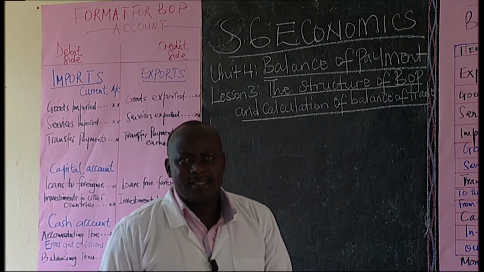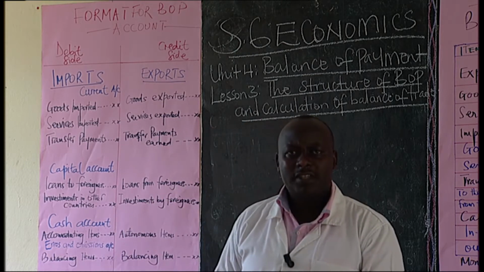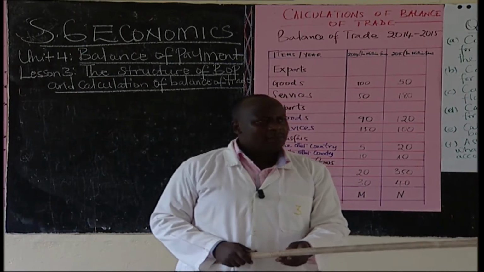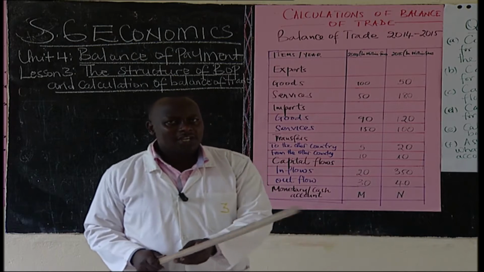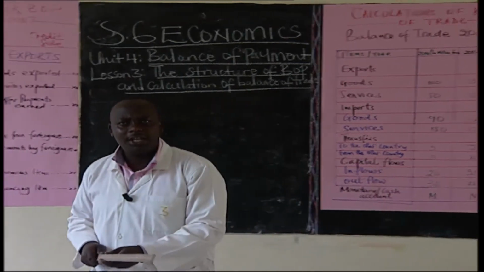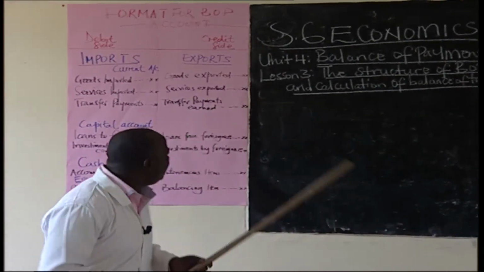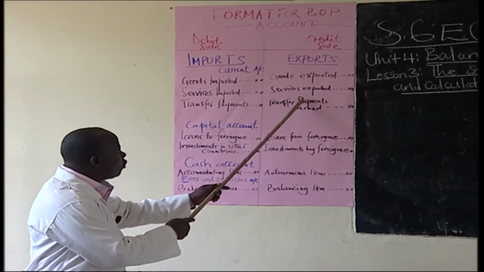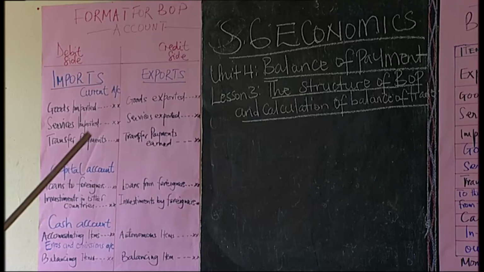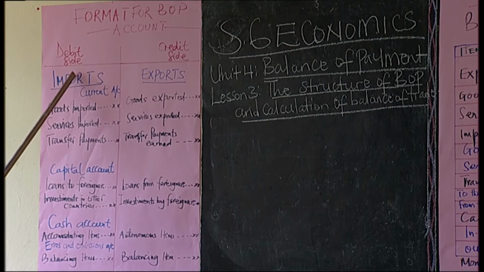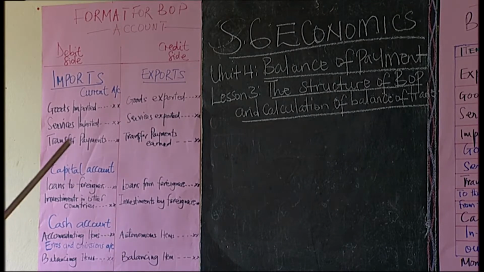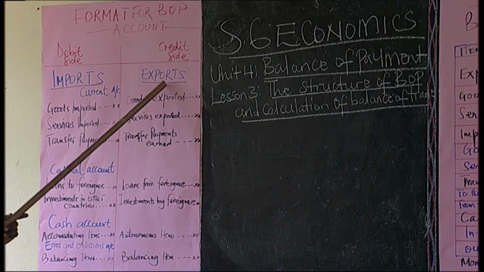Someone is telling me that the principle of double entry states that every debit entry should have a corresponding credit entry. When you debit a transaction, you also credit a transaction. Now, on the debit side, we have imports, and on the credit side, we have exports.